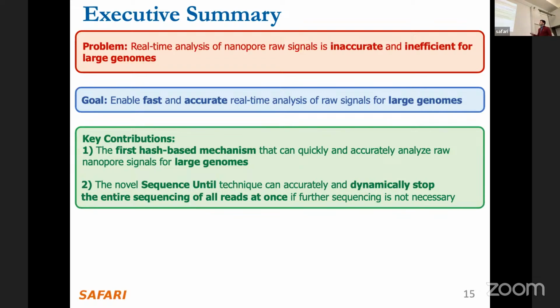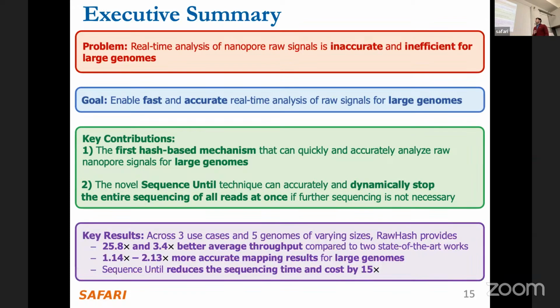The first one is that it provides the first hash-based mechanism that can quickly and accurately analyze raw Nanopore signals. The second contribution is called Sequence Until, which can accurately and dynamically stop the entire sequencing run, not stopping the sequencing of a single read, but the entire run of sequencing, if the computation decides that further sequencing is not necessary.